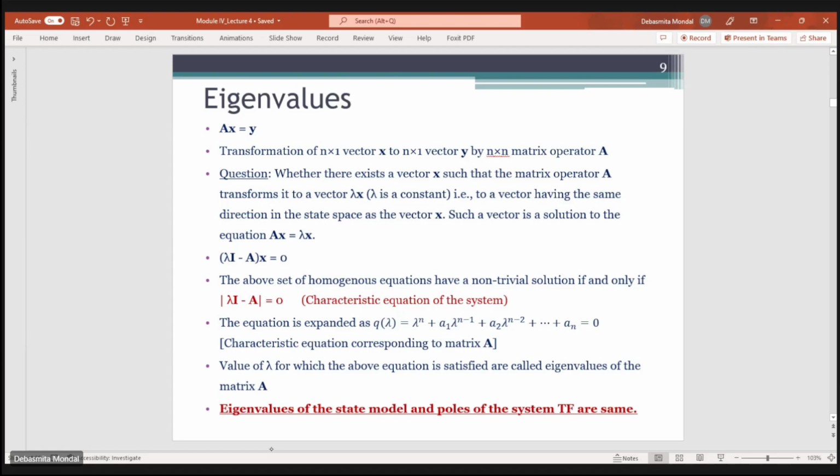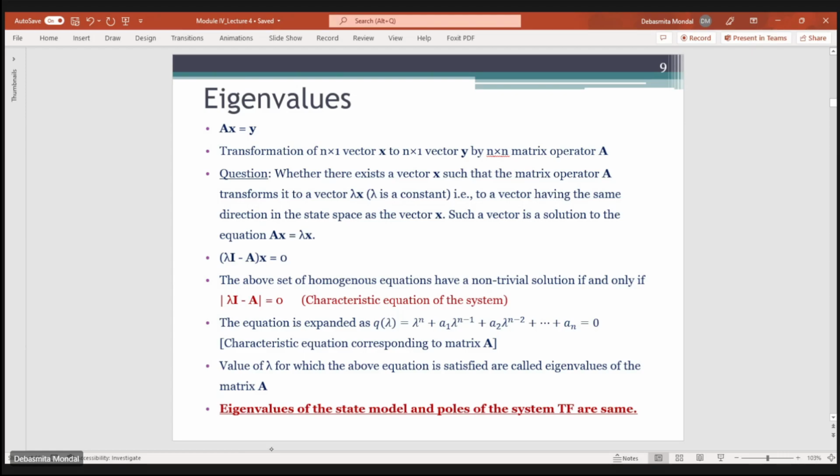If the answer is yes, then such a vector is a solution to this equation. So the solution of Ax is equal to y will be Ax is equal to lambda x, provided that lambda x has the same direction as the initial vector x in the state space.